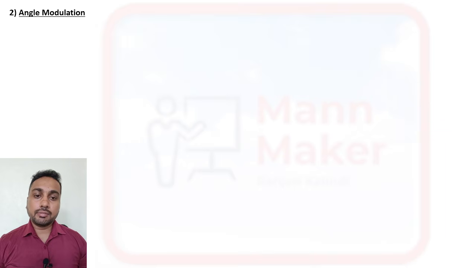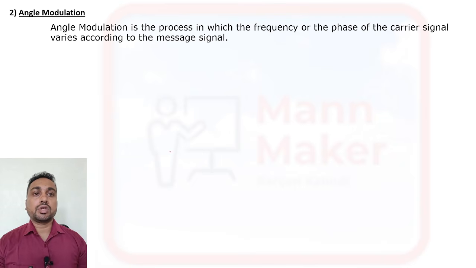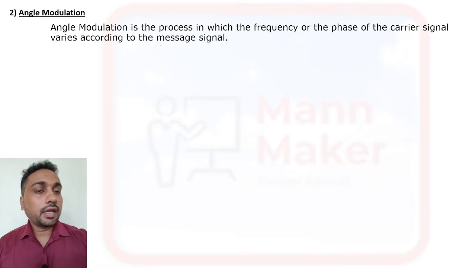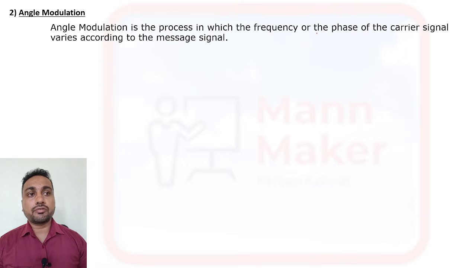Okay, now we have discussed one type, amplitude modulation. Now we are going to discuss another continuous wave modulation, that is angle modulation. Angle modulation is the process in which the frequency or phase of a carrier signal varies according to the message signal. In amplitude modulation, the amplitude of the carrier signal varied according to the message signal.